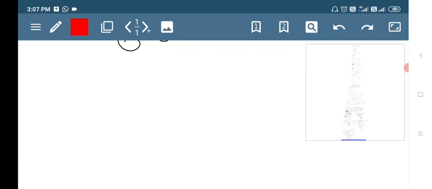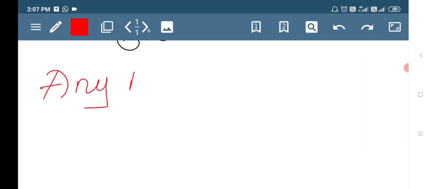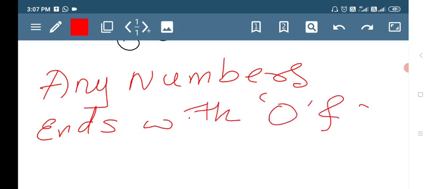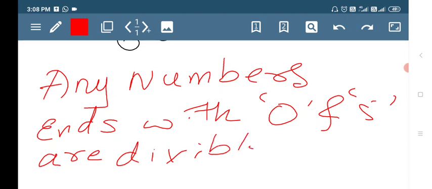So what is the conclusion for divisibility by 5? Any number that ends with 0 or 5 is divisible by 5. This is our conclusion. Okay.